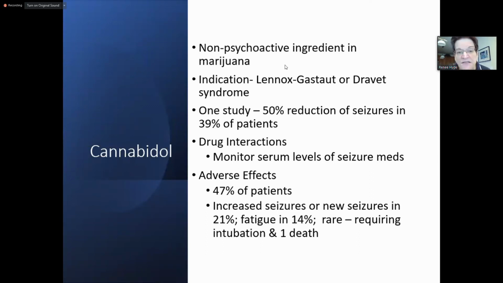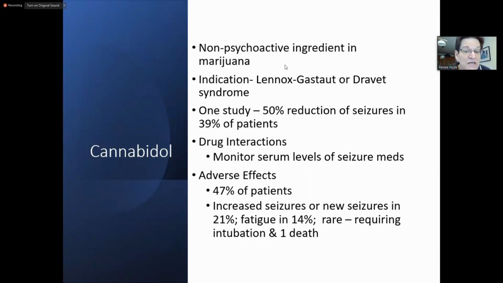They've done a study that showed that with patients with these two particular syndromes, there was a 50% reduction in seizures in about 39% of the patients. Now, it does have a lot of drug interactions, and they found adverse effects in about 47% of the patients.